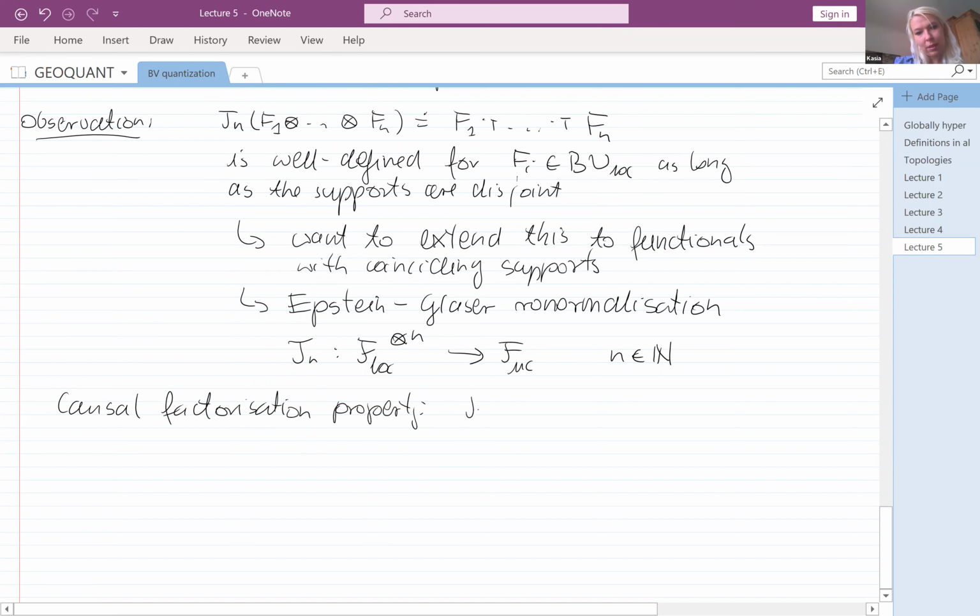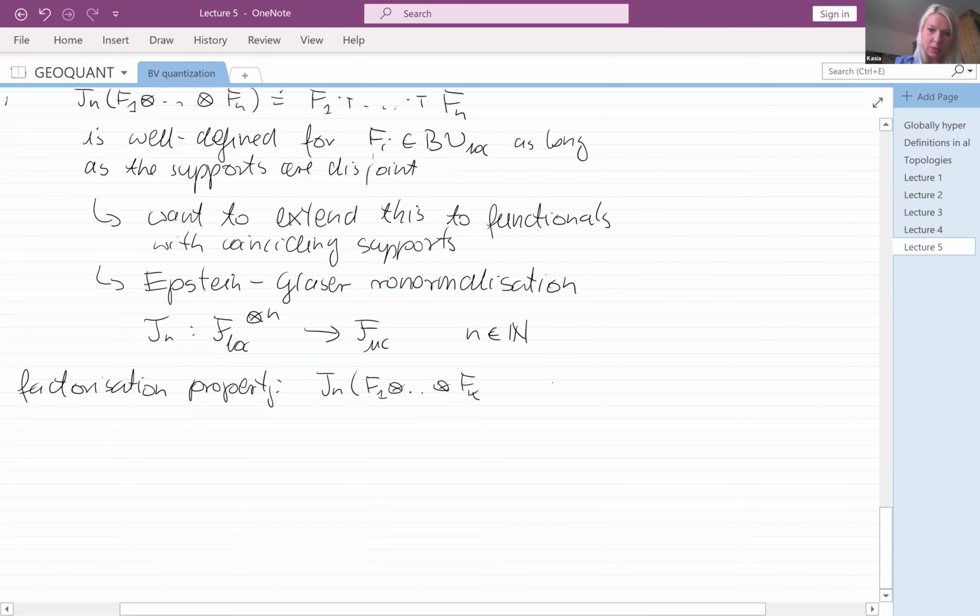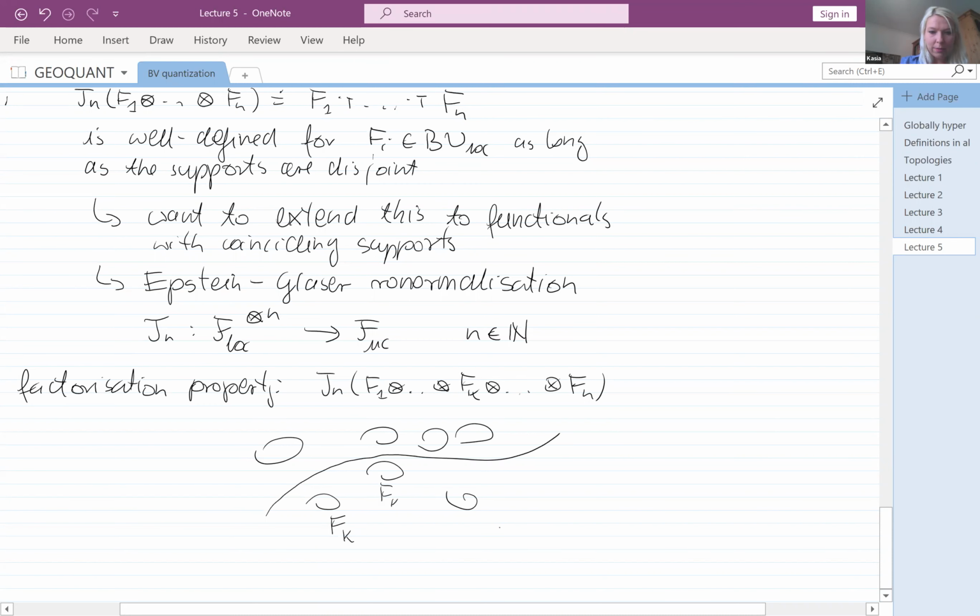Okay, so this says if we have a bunch of functionals so that we can split their supports, so here we have the supports of F_{k+1} to F_n, and these come earlier than the supports of the first bunch, F_1 to F_k, then this guy factorizes.